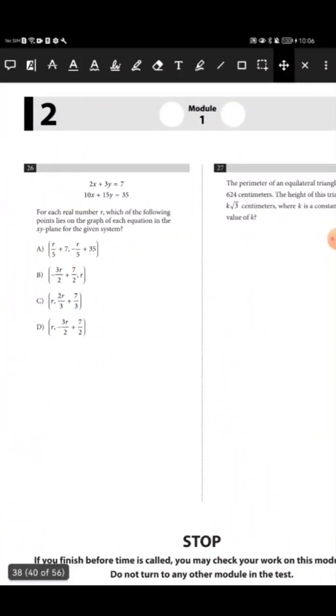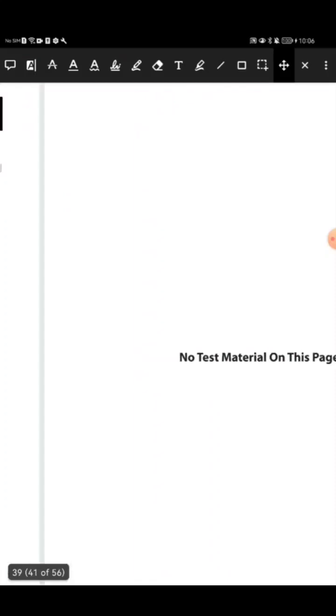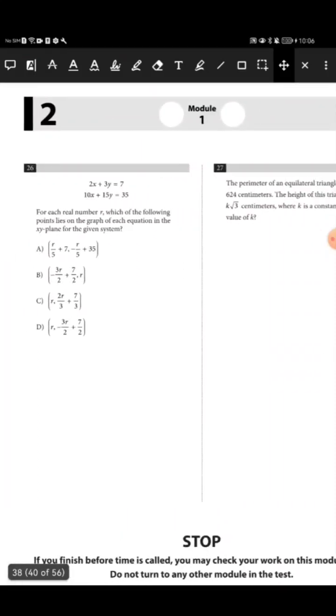Now, moving to the last two questions in this section, 26 and 27. Number 26. There are two equations here, 2x plus 3y equals 7 and 10x plus 15y equals 35. For each real number r, which of the following points lies on the graph of each equation in the xy plane for the given system?